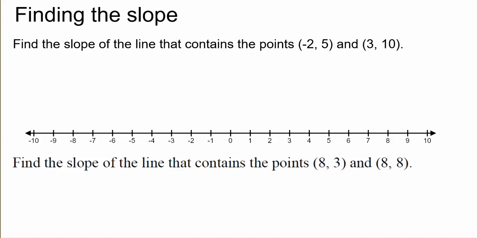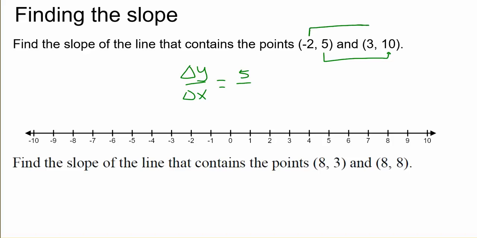Finding the slope. To find the slope between these 2 points, slope is change in y over change in x. Again, pause this, try these two first, then come back. Our change in y, from 5 to 10, we're going up 5, that's a positive 5.